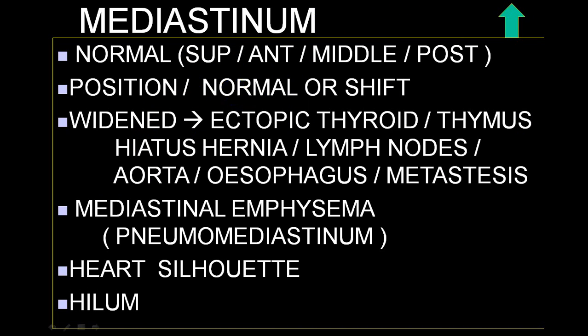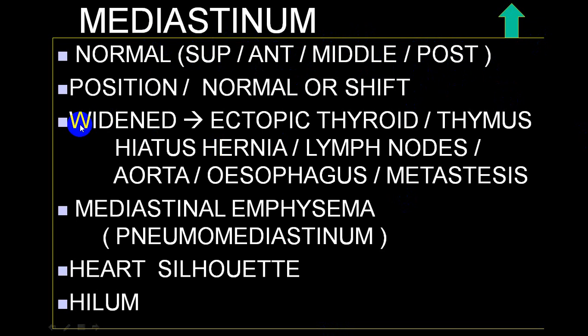In a lateral view, you can differentiate anterior mediastinum, middle mediastinum and posterior mediastinum, depending upon which side the opaque shadow is. If it is on the right side, we will ask for a right lateral view. If it is on the left side, we will ask for a left lateral view. And you can demarcate whether it is in the anterior mediastinum, middle mediastinum or posterior mediastinum, or in the superior mediastinum.